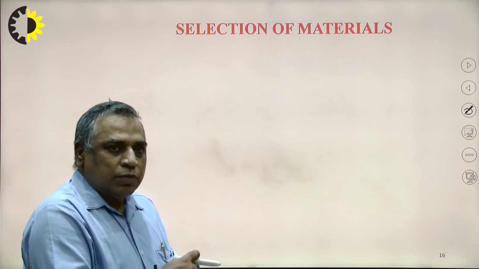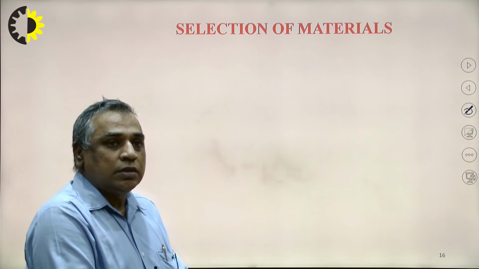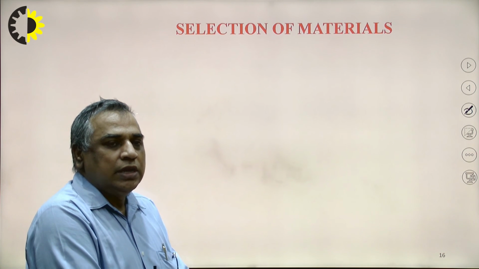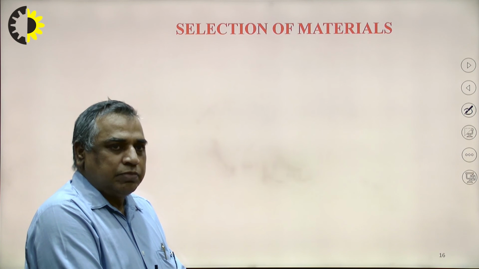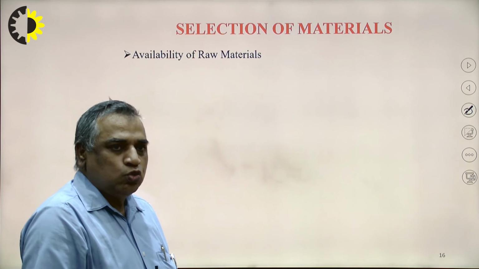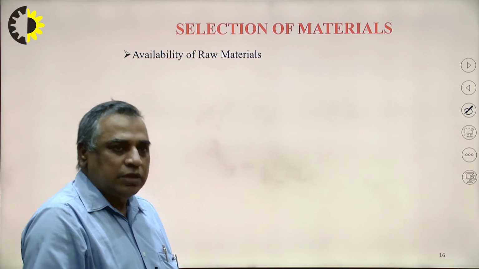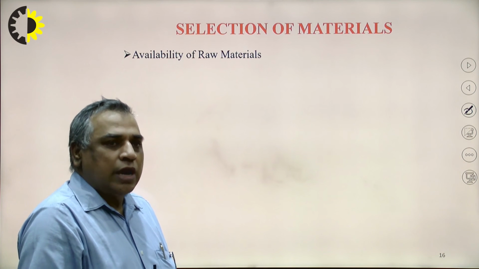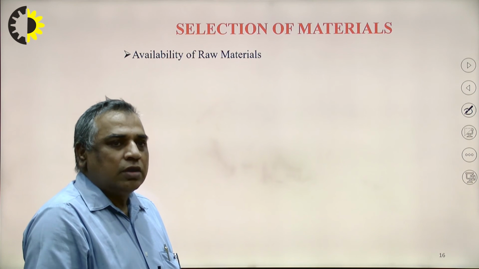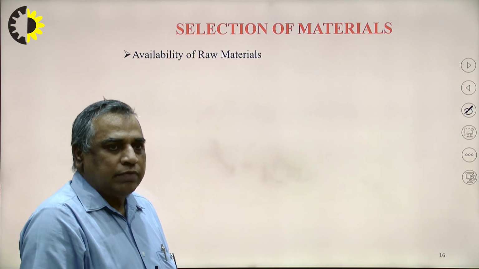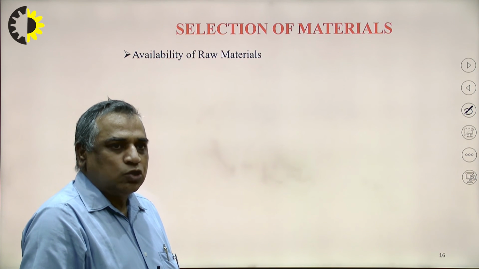So the basic factors we should always consider when we select the material, and the basic criteria are the availability of raw material. We should try to use those materials which are readily available in the nearby zone, so that transportation cost can be minimized and the raw material will be available as soon as we require. So time cost can be controlled in that way.